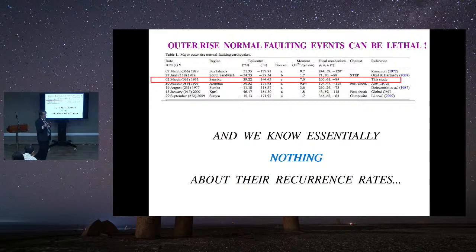So in South America, I don't know that we know any of these outward normal faulting events in the Pacific Ocean. But that doesn't mean that it may not come one day, and it could have very, very tragic and lethal consequences in terms of a tsunami.